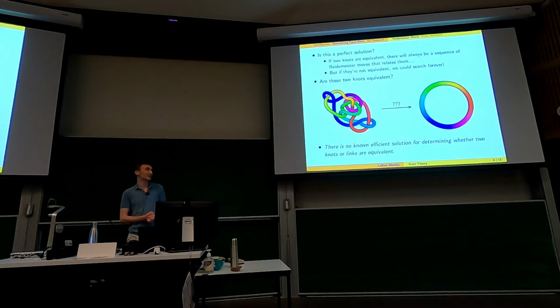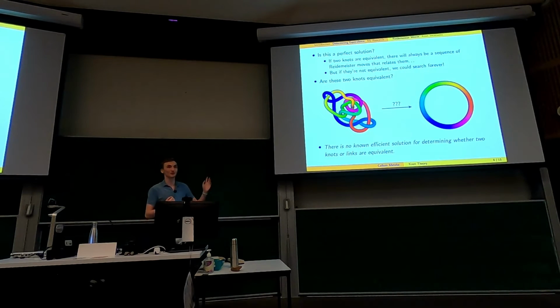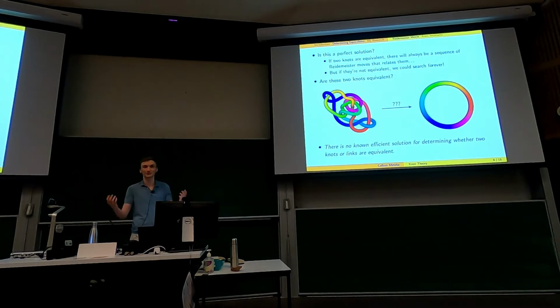We don't have an algorithm to say that yes, these two knots are equivalent, other than just brute forcing it, or there are algorithms I believe that work in exponential time. So you increase the number of crossings by 1, and then the time it takes multiplies by say 3 or 4 or something. But for any large number of crossings, this solution is entirely unreasonable.